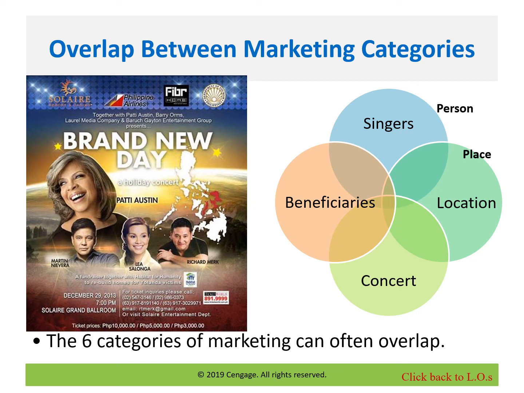The concert itself is the event which needs to be marketed to target audiences. And lastly, this concert is for a particular cause where the proceeds will benefit the typhoon victims as clearly stated in their poster. So as you can see, the 6 categories of marketing can often overlap.